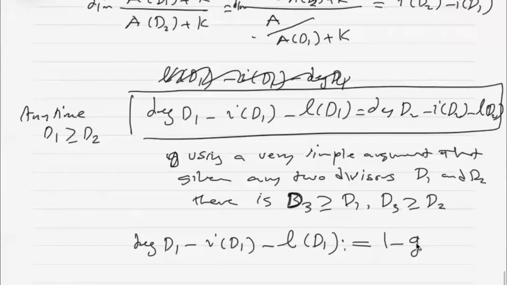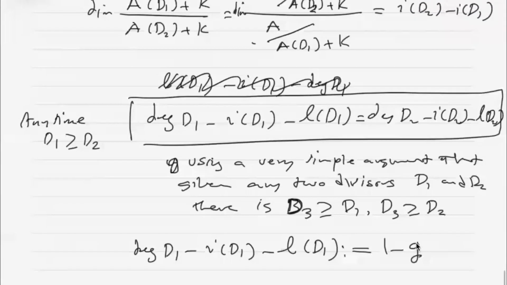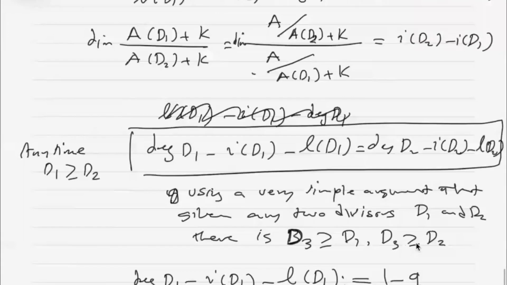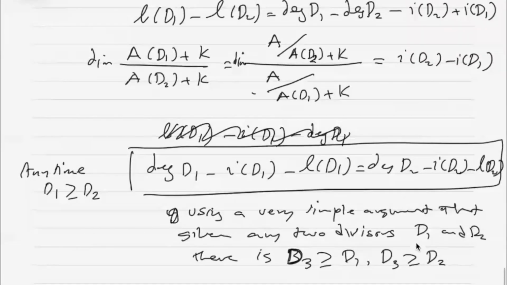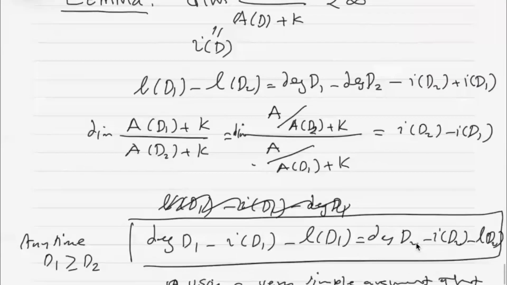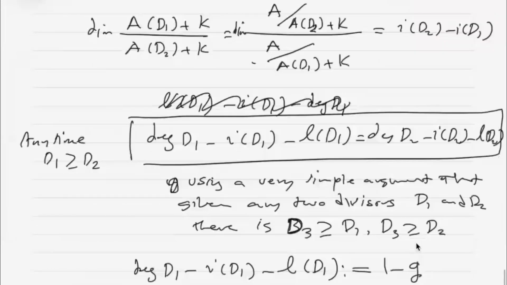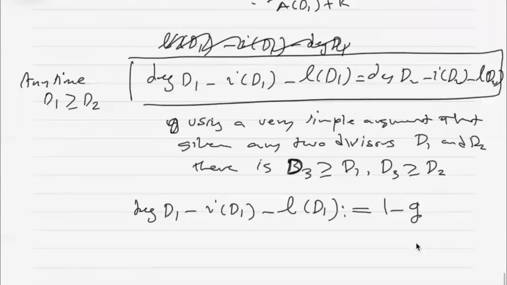I'm just trying to see, because I know that I of 0 must be equal to the genus. So when I put D1 equal to 0, this becomes minus g minus 1, because L of 0 is 1.